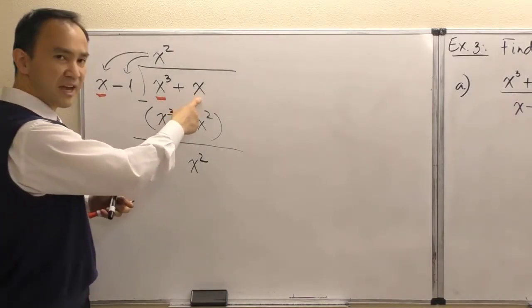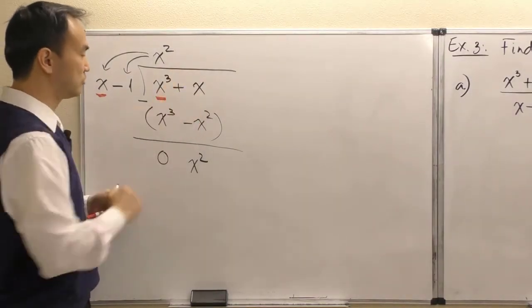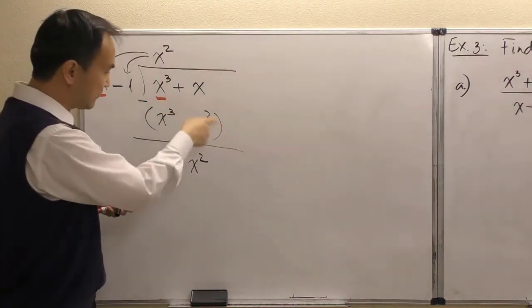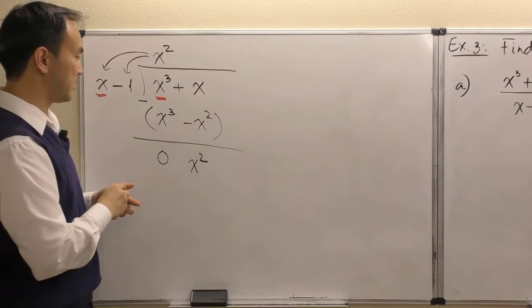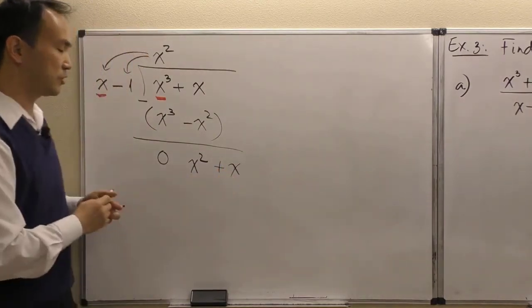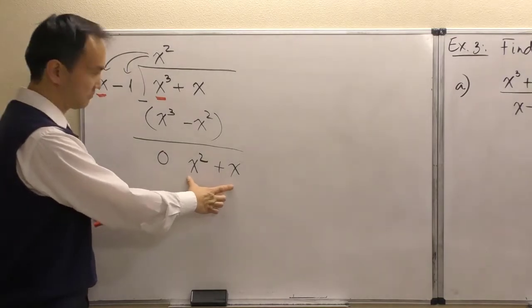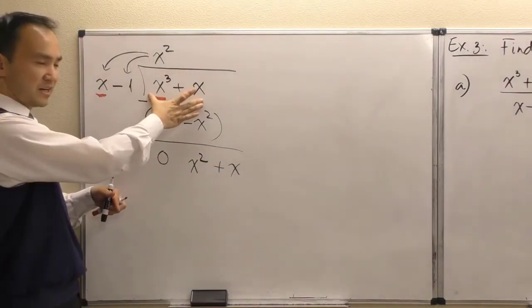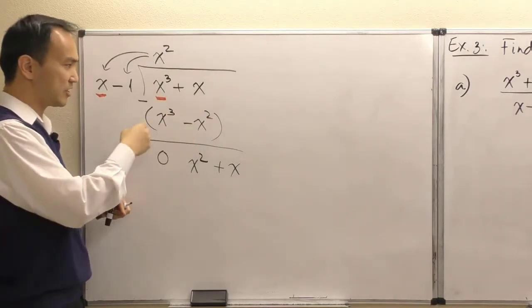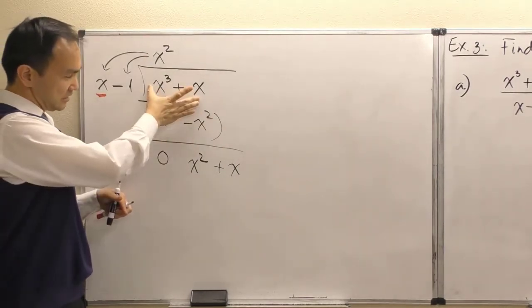There's still this x term from our numerator. So x minus 0, because there's nothing else left in this x cubed minus x squared, so we're looking at plus x. So far this is the remainder. Again, I shouldn't have to repeat this because you should have learned it back in your algebra, but this is the numerator.